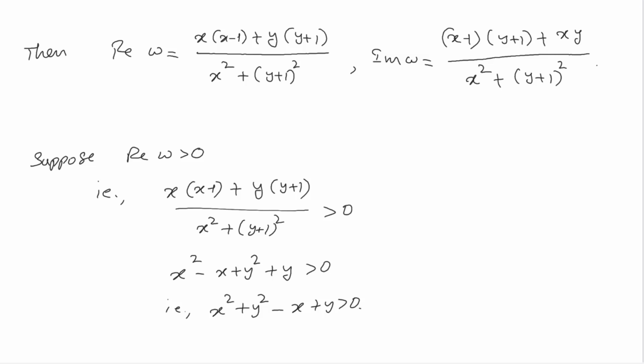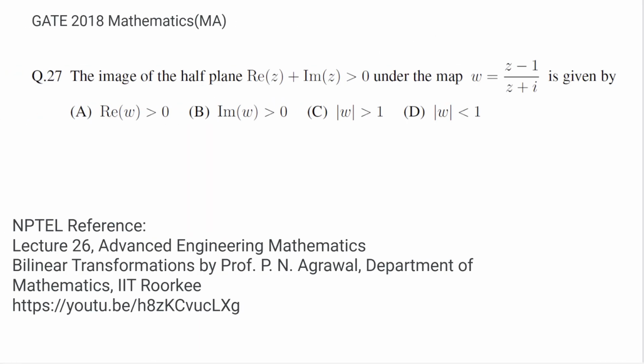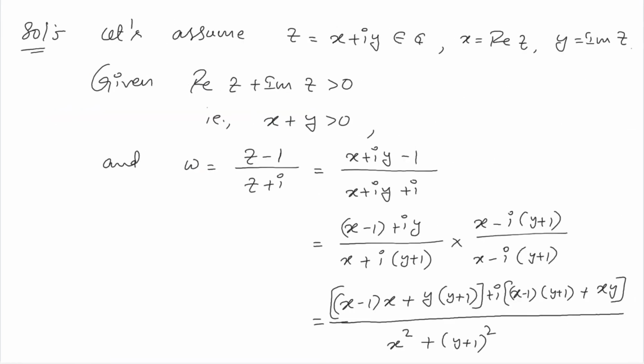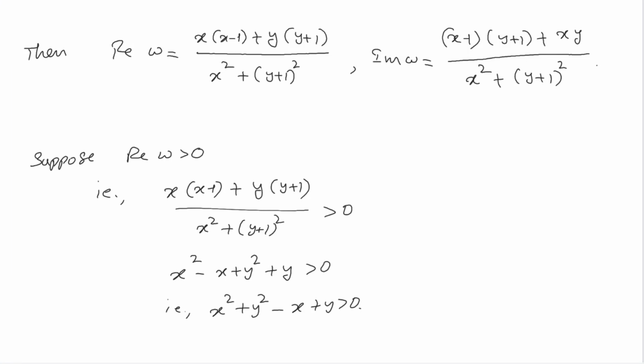We have to check whether this condition is true or false, when the given condition is real part of z plus imaginary part of z is greater than 0, that is, whenever x plus y is greater than 0. If this condition holds, then we can say the numerator is always greater than 0, and hence the total expression when we divide with x square plus y plus 1 whole square is always greater than 0.